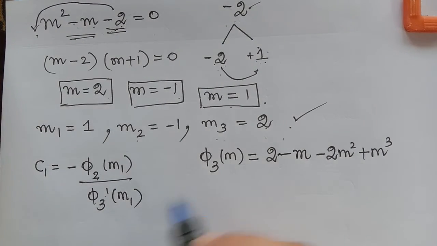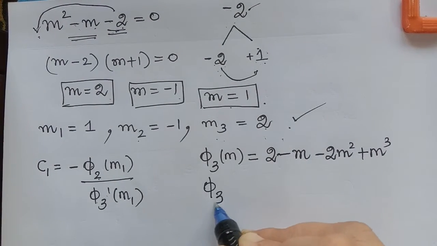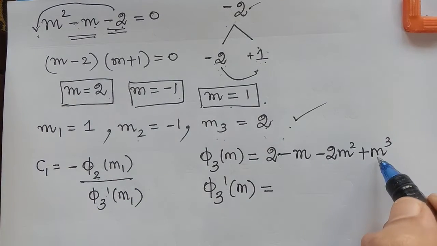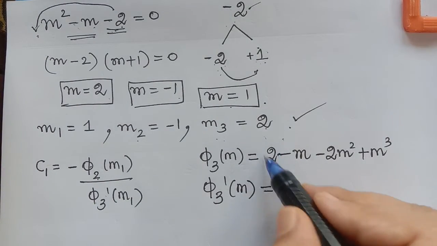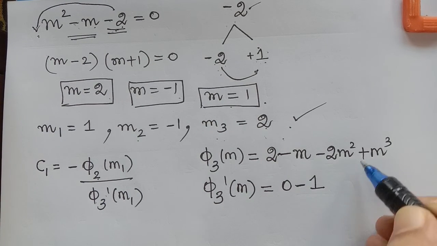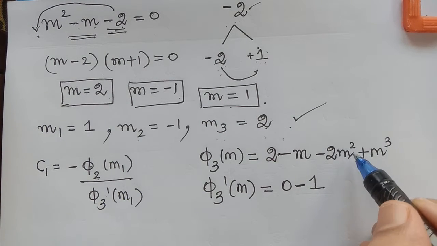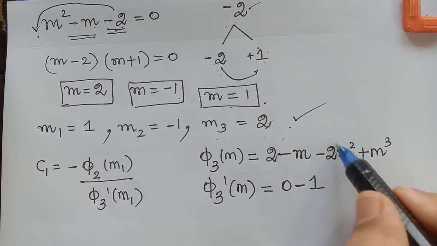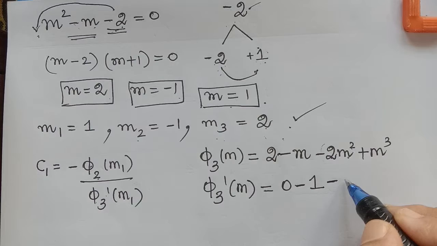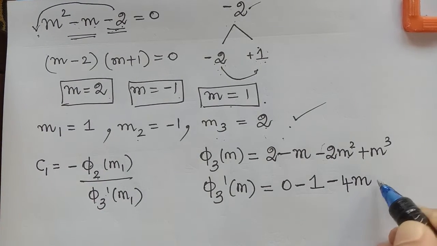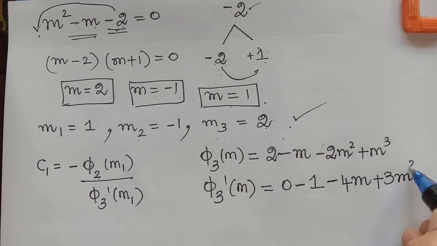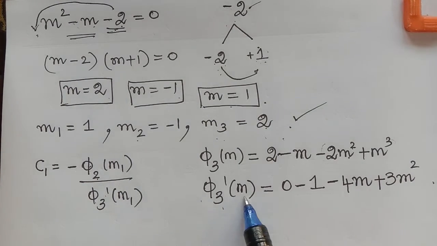We need phi 3 dash, so we have to find phi 3 dash of m. That is, we have to differentiate this with respect to m. The differentiation of 2 is 0, minus the differentiation of m is 1, and the differentiation of m square is 2m and it gets multiplied with this minus 2, so we get minus 4m, plus the differentiation of m cube is 3m square. So this is phi 3 dash of m.